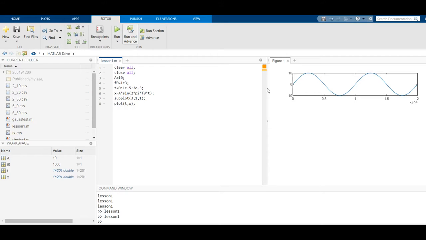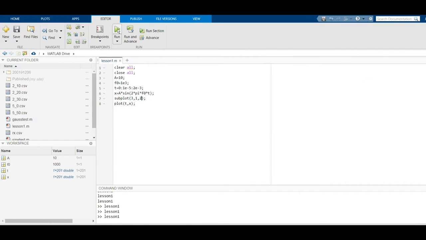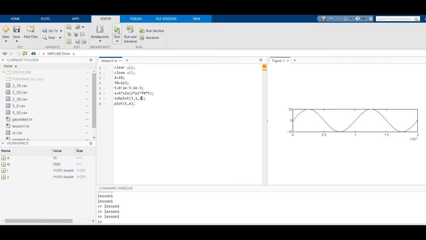Just give me this, and you can observe you have space to plot 2 more graphs. So for you to believe me, if I want to plot it as a second graph, it's very simple. Just put 2. It comes down.